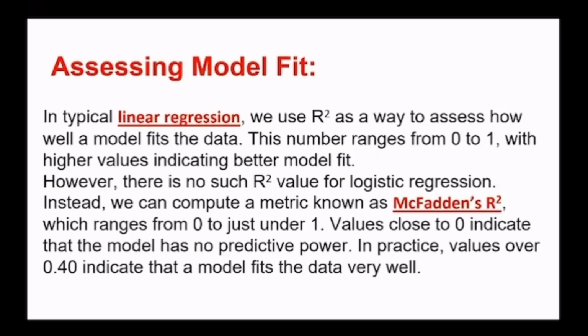Values close to 0 indicate that the model has no predictive power, and in practice a value over 0.4 indicates that the model fits the data very well. If I want to assess my logistic regression model, I can use McFadden's R squared, and anything from 0.4 and above is okay.